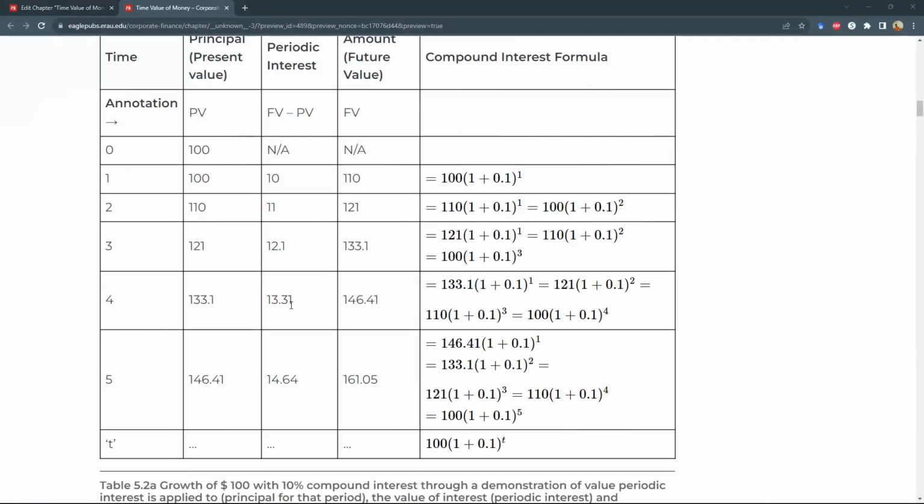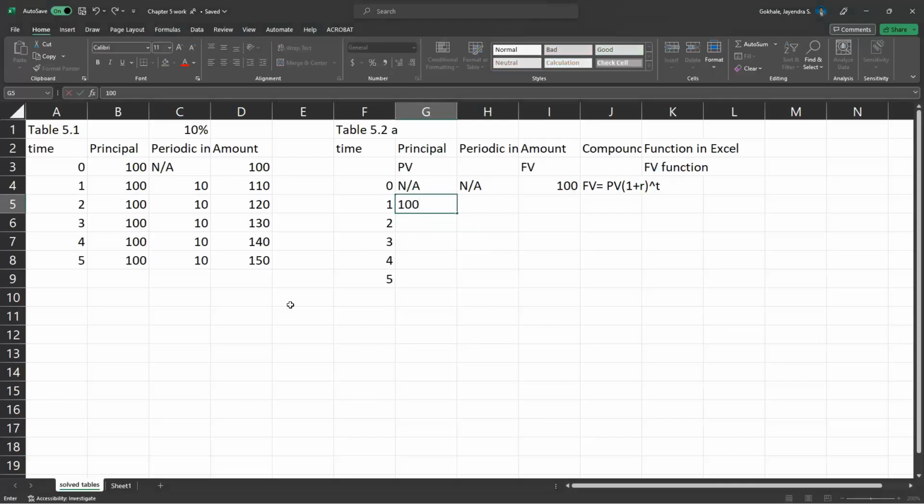So first we will start with $100 at the beginning of period 1. The amount that we'll get is equal to PV. Oh, we didn't put the interest rate, 10%. So H1 has the interest rate.